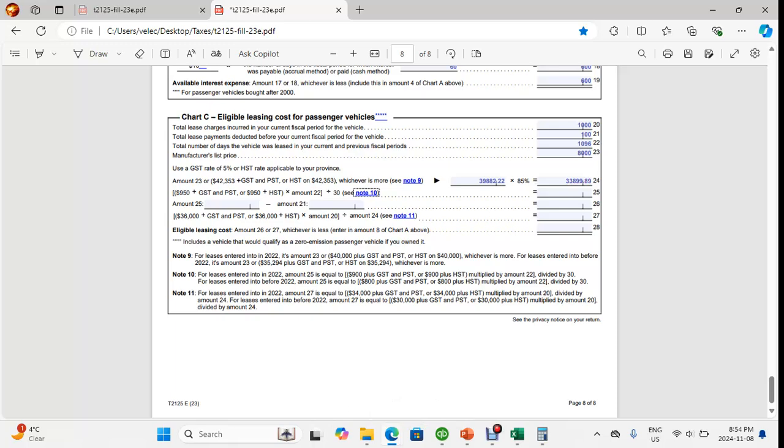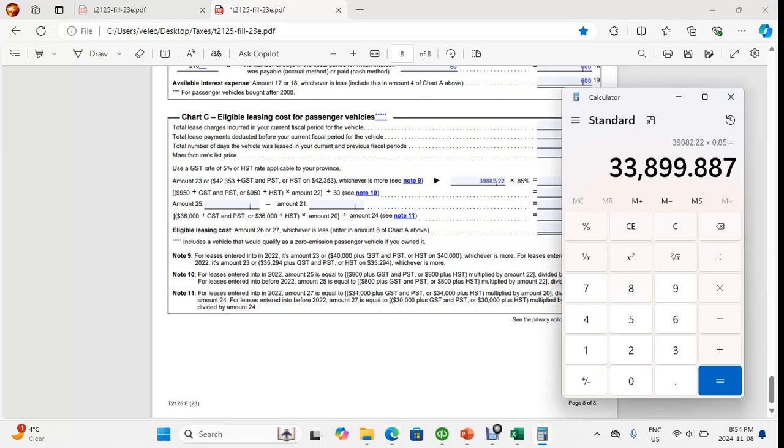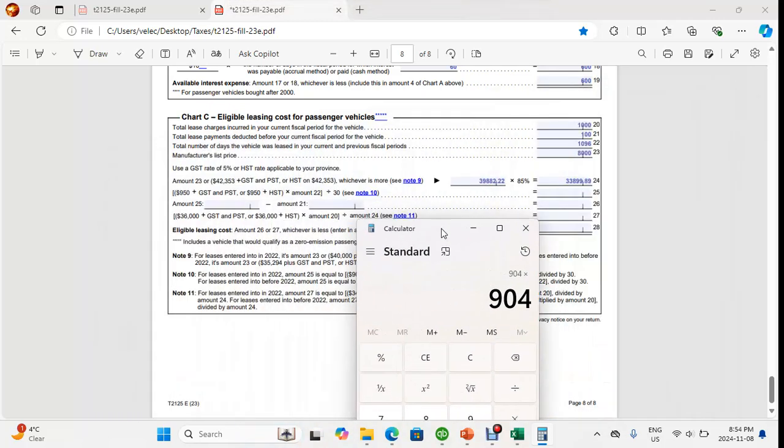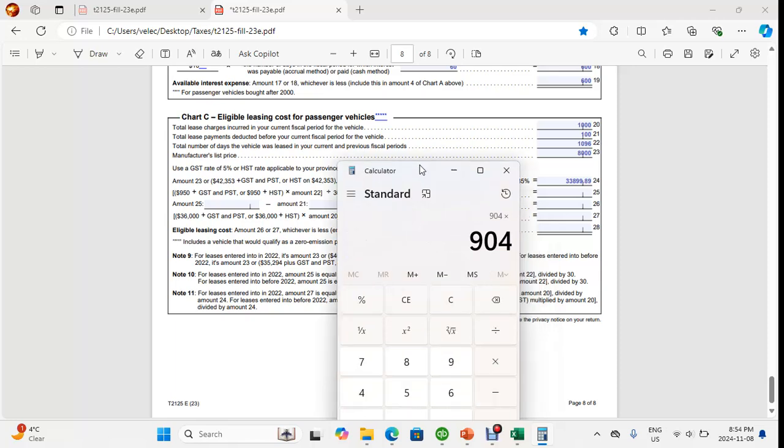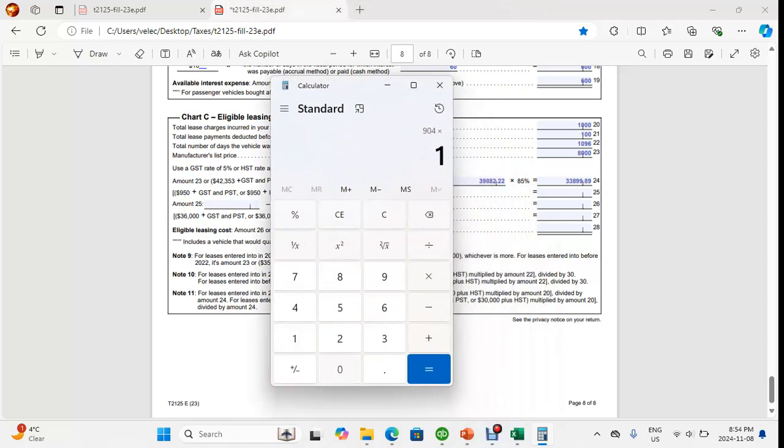Your next line over here, you will need to use note 10. So for note 10, for leases entered before 2022, amount 25 is equal to 800 plus HST multiplied by amount 22 divided by 30. So if you do some math on the side, this is 800 times 1.13, 13% for Ontario, multiplied by amount 22, the total number of days in the lease, 1,096.